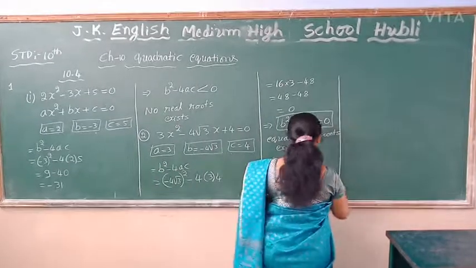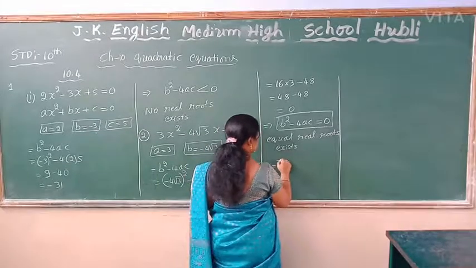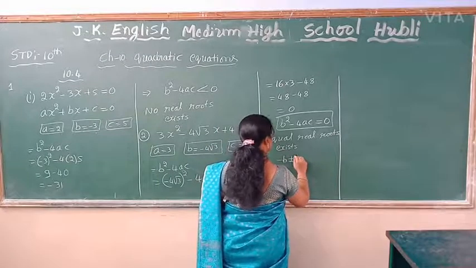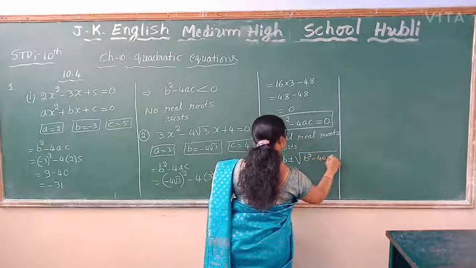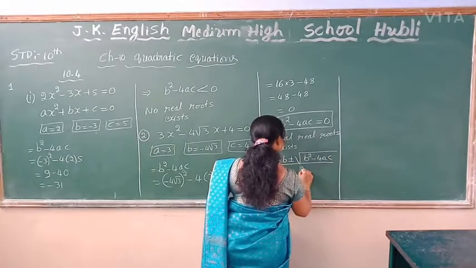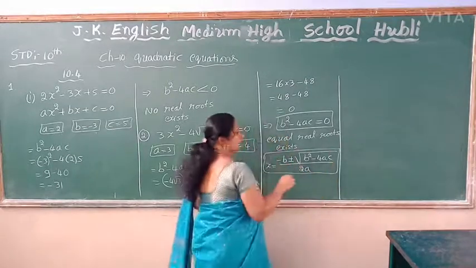By applying the formula method, write the formula: x is equal to minus b plus or minus square root of b square minus 4ac, divided by 2a. Substitute in this formula.